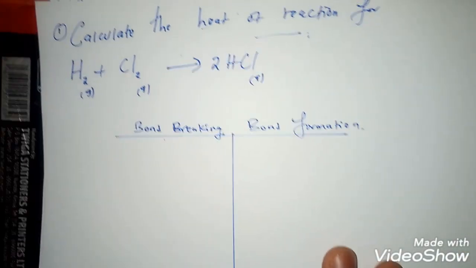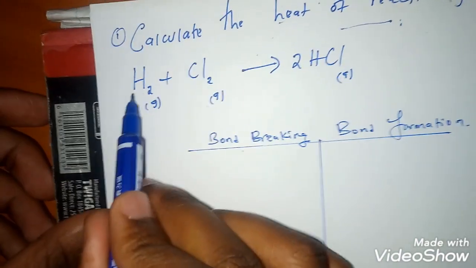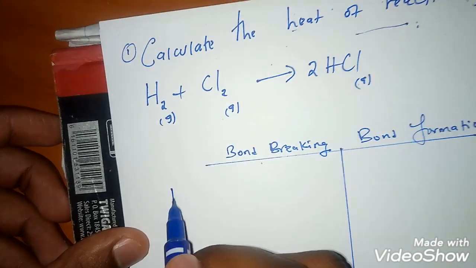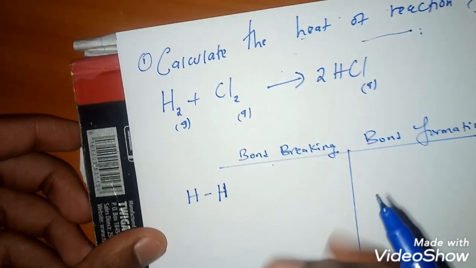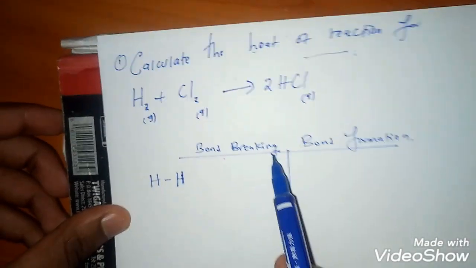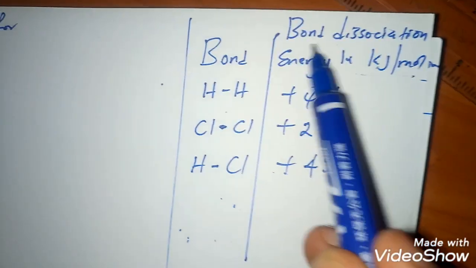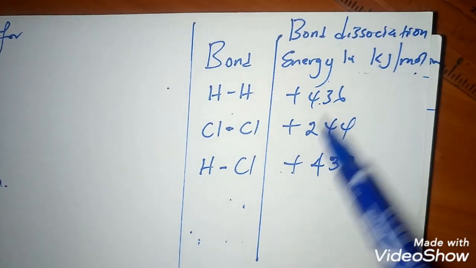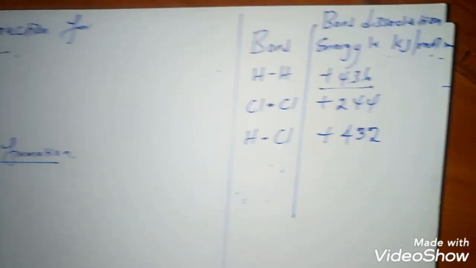So let us look at the bonds that have been broken. One of the bonds that has been broken is the hydrogen-hydrogen bond. Remember, all values on this side should be positive because bond breaking is an endothermic process. The energies that are given here are already the energy required to break the bond, so you just take it as it is, positive 436.